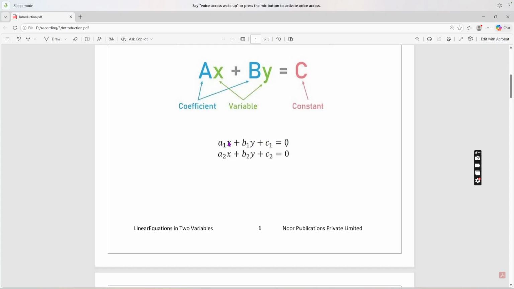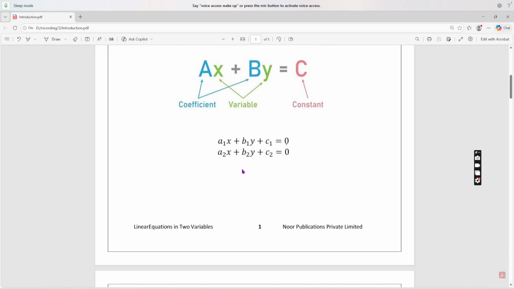If the degree of x would be 4, then it would be called a biquadratic equation. But here, the degree or power of x and y in both of these equations is 1, hence it is called a linear equation, and hence the graph based on these two equations would always be a straight line.